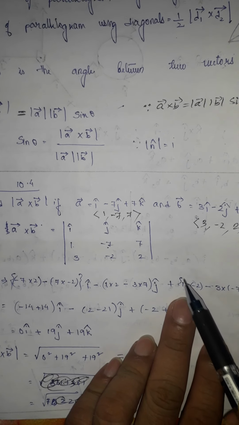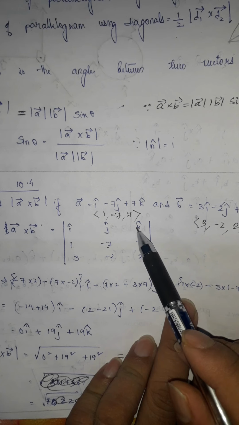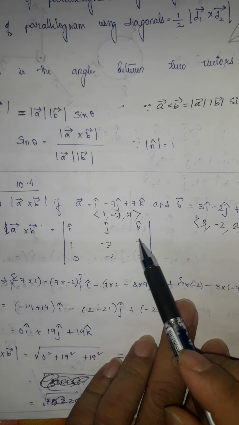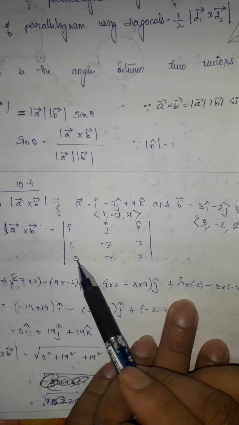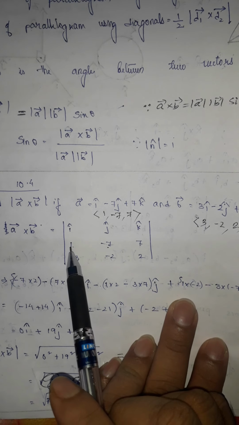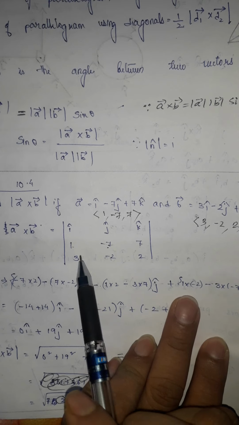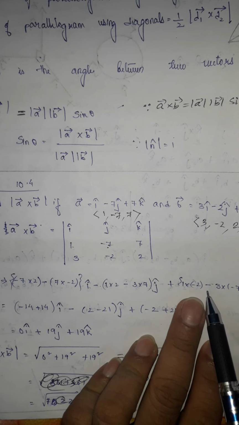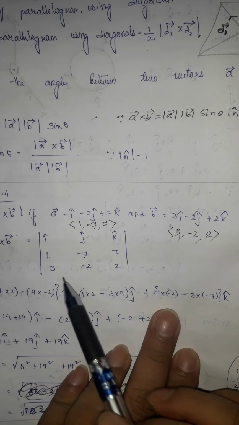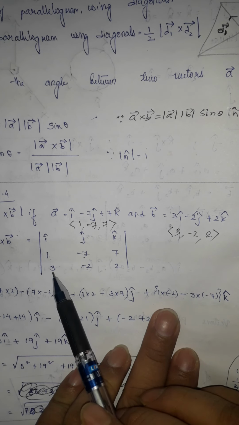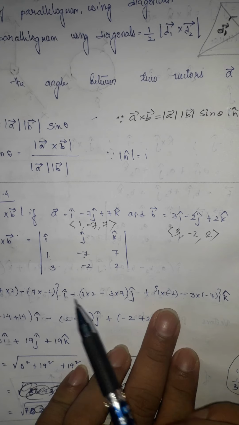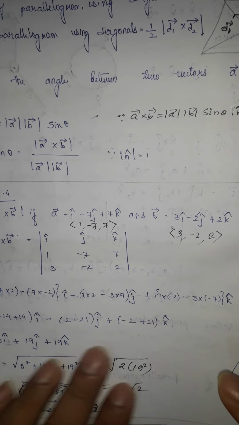k whole into, you delete this row and this column, then you get these four numbers in the determinant: 1, minus 7, 3, minus 2. So 1 into minus 2 minus 3 into minus 7, whole into k cap.